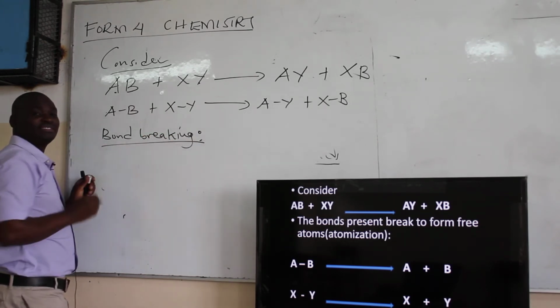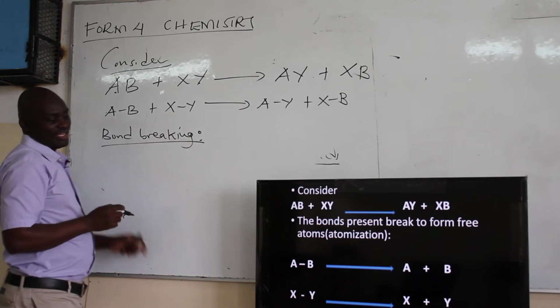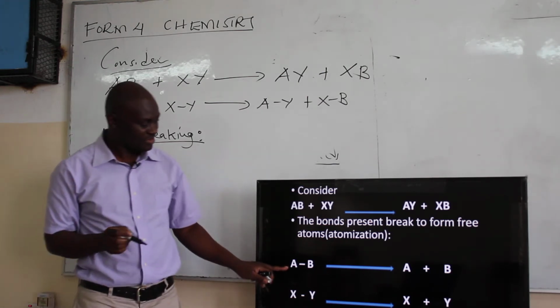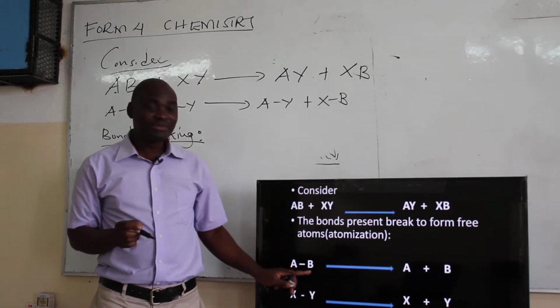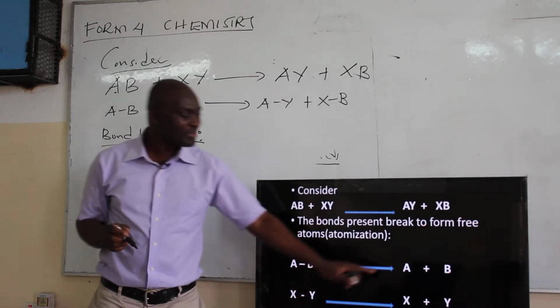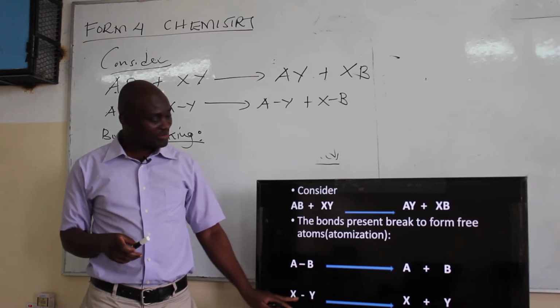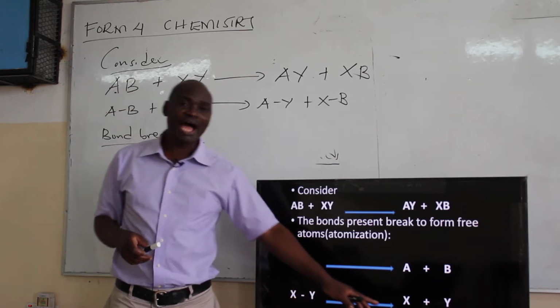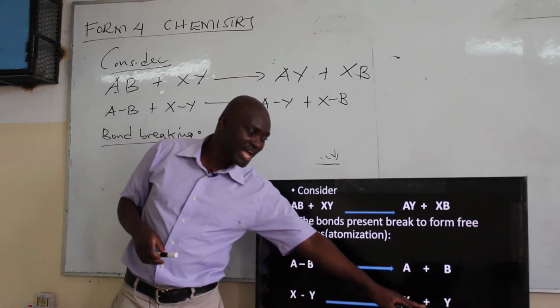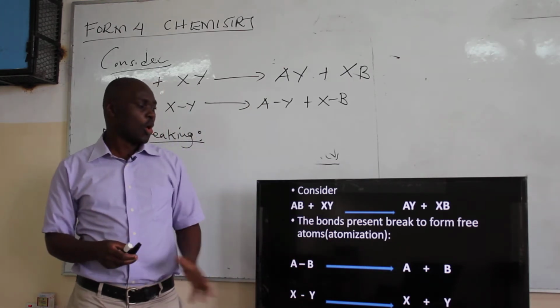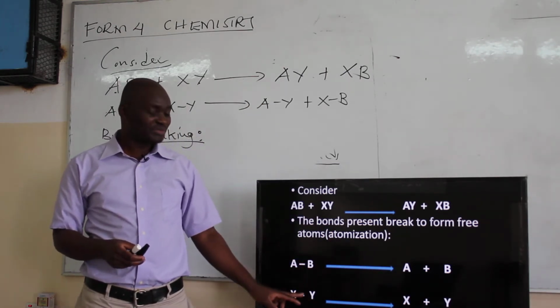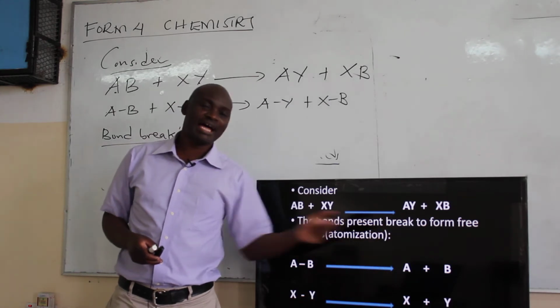The bond between A and B will break, and the bond between X and Y will break so that we have the free atom of X and the free atom of Y.